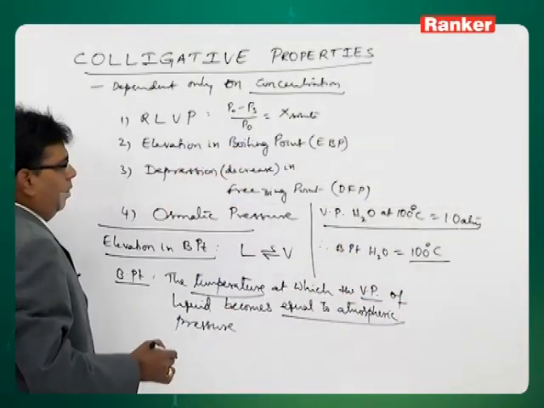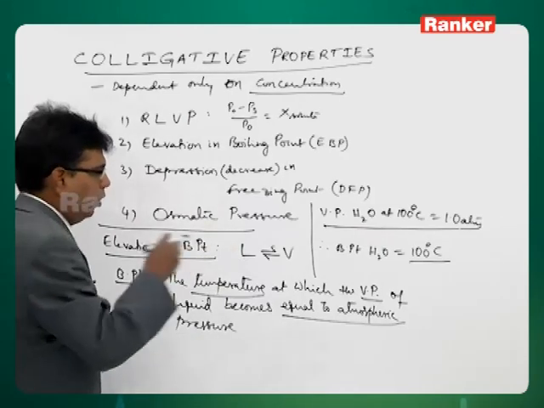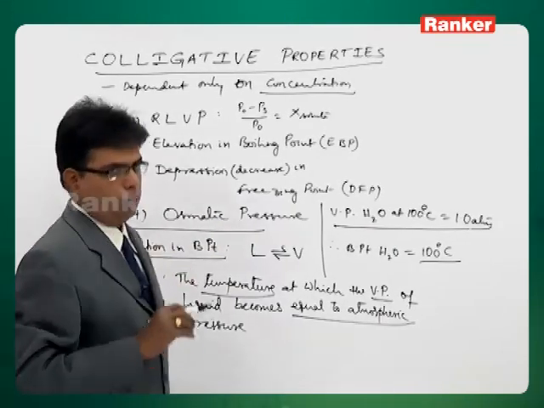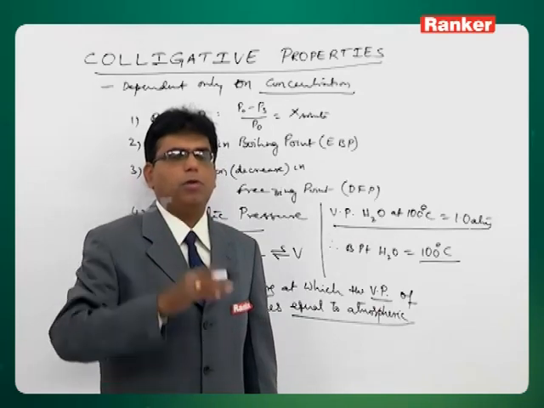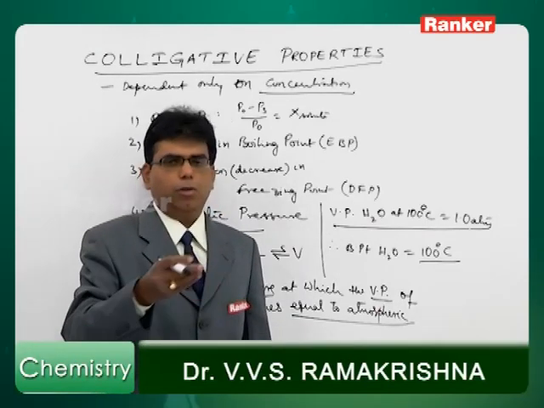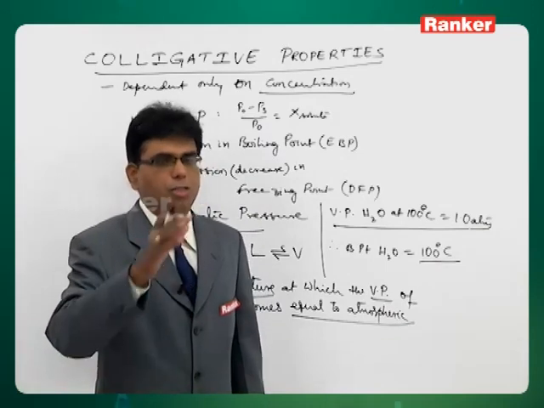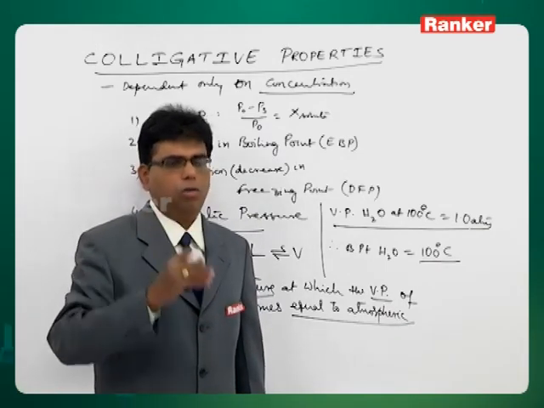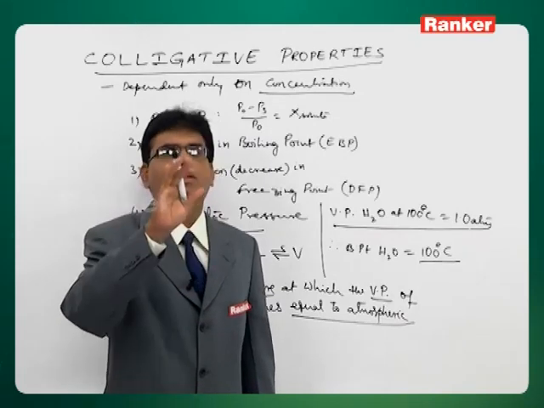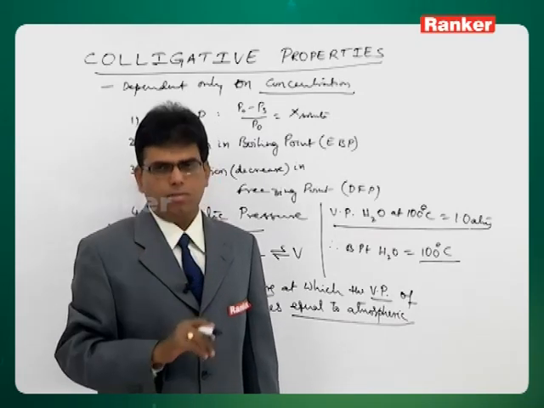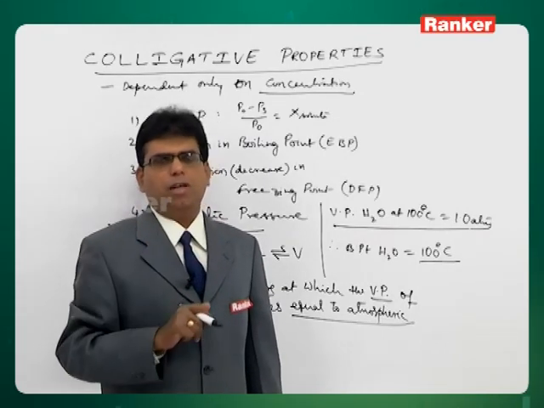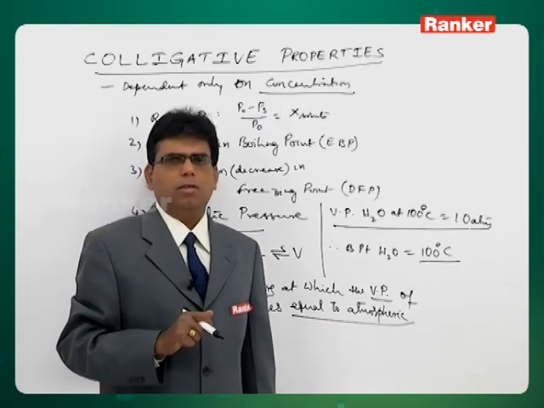Now, if you add a solute into the pure solvent, for example, you add sodium chloride to water, then according to Raoult's law and the vapor pressure concept we have already discussed, when you add a non-volatile solute, the vapor pressure of the liquid decreases.